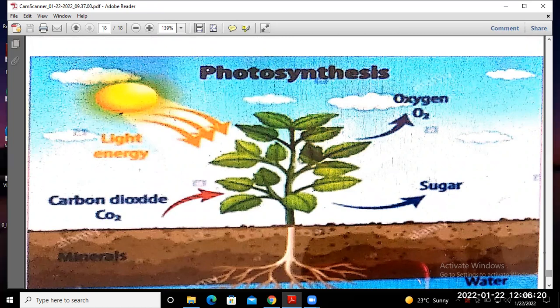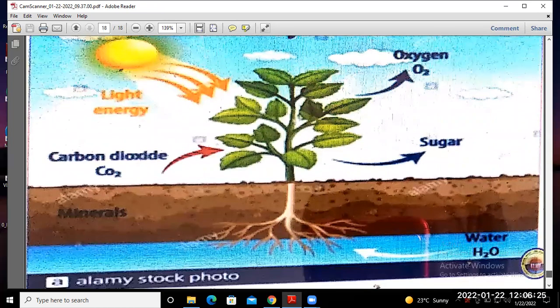Water is taken up and there is sunlight on this tree.